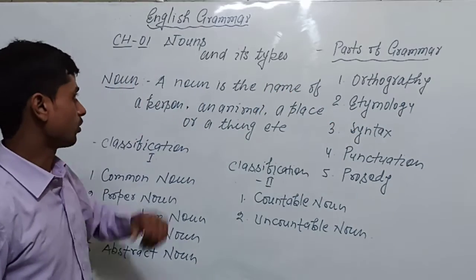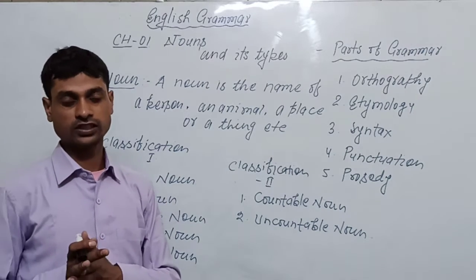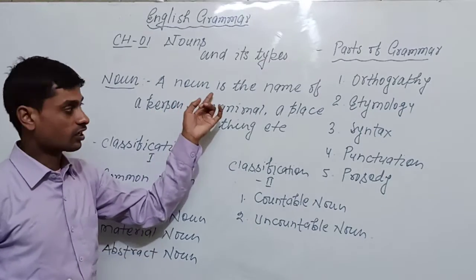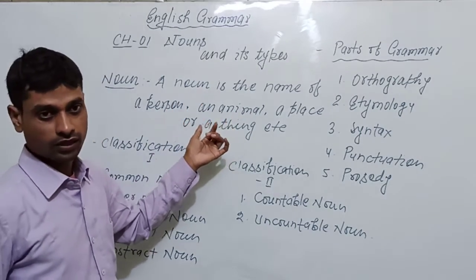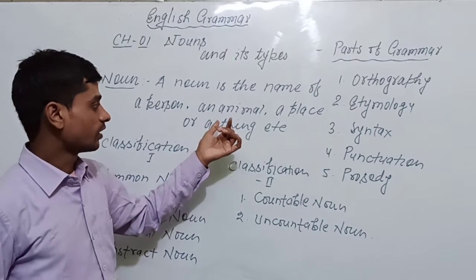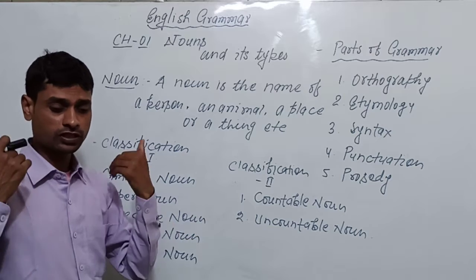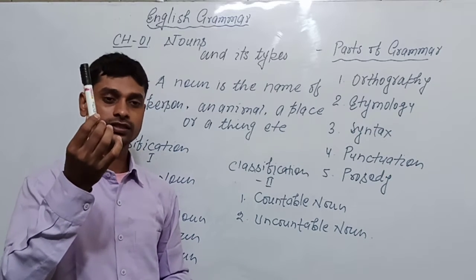So noun, students. We know what a noun is. Noun means संज्ञा. So what is a noun? A noun is the name of a person, a place, an animal, or a thing, etc. In this world everything which we can see is a noun. Suppose in my hand, what is this? This is a marker.